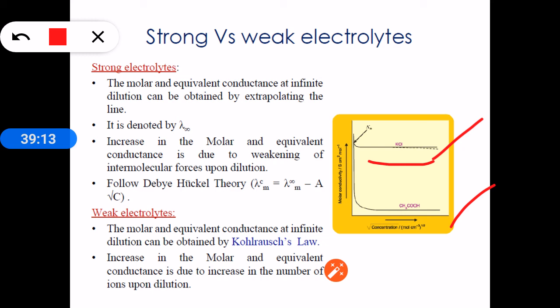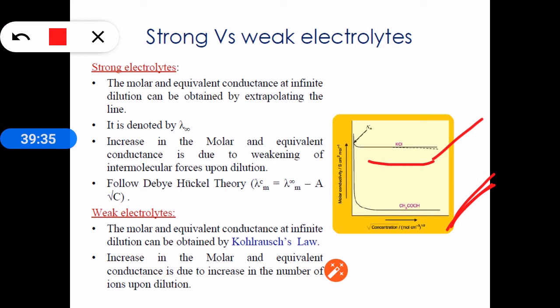Arrhenius theory can explain the increase in the conductance of weak electrolytes with dilution, because on dilution the number of dissociating molecules will increase, so the number of ions will increase. As the number of ions increases, conductance value also increases. So for weak electrolytes, conductance is increasing because of the number of ions.